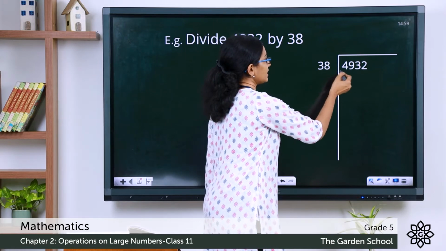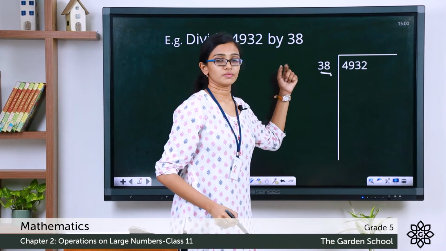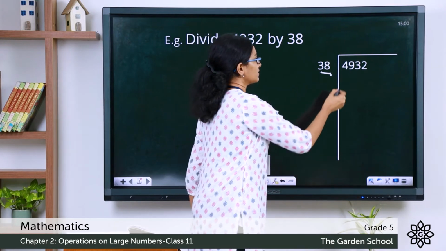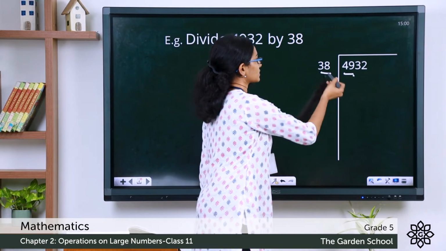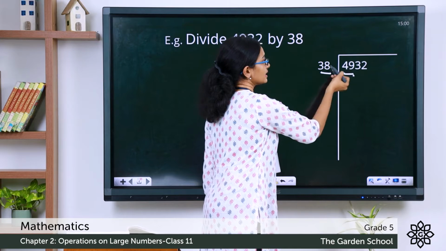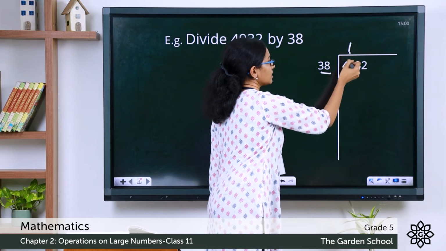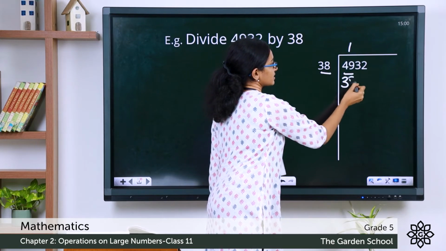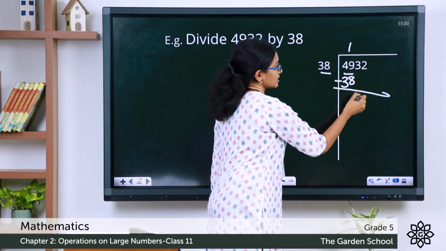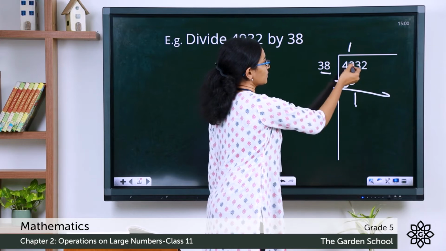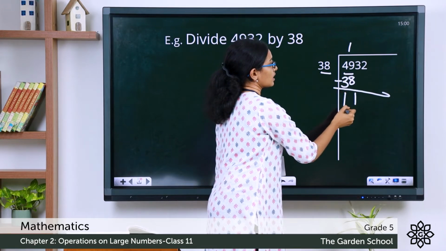So we'll do that again. Since we are dividing by a 2-digit number, we have to consider the first 2 digits of the dividend. So 49 divided by 38 is 1. 1 into 38 is 38. And then we subtract: 9 minus 8 is 1. 4 minus 3 is 1.